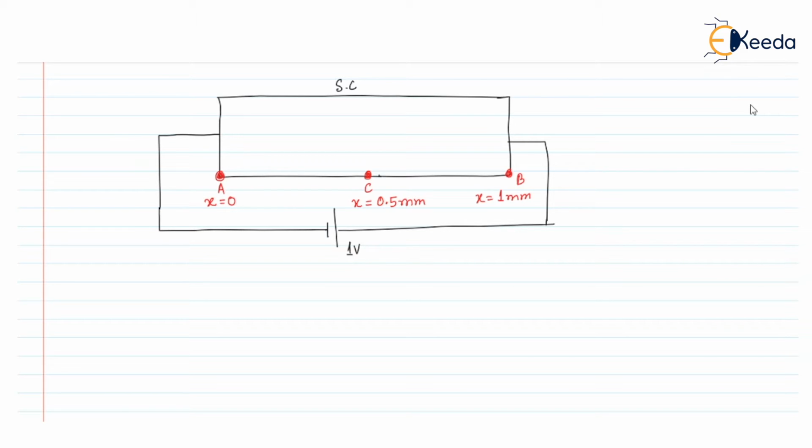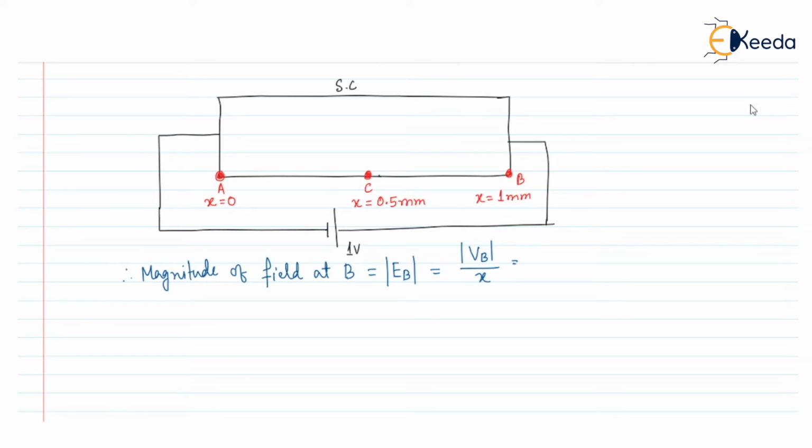Now, if we want to find the magnitude of the field at B position, we can write the electric field at B position, mod EB, as VB, the potential at the B position, divided by the distance x.